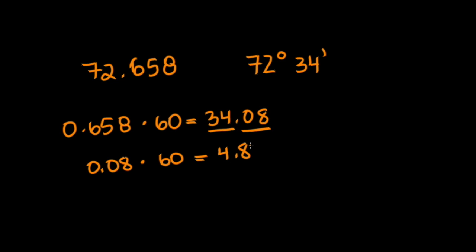Since we're only dealing with hours, minutes, and seconds, we're going to round our answer up to 5. So our final answer is going to be 72 degrees, 34 minutes, and 5 seconds.